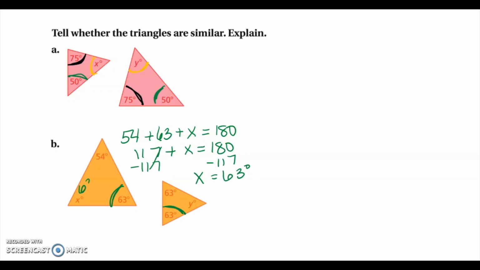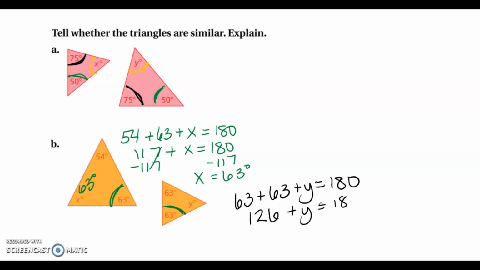So this angle right here is 63 degrees. Now I'm going to do the same thing for y. So I have 63 plus 63 plus y equals 180. So I'm going to add those together, and that gives me 126 plus y equals 180. So I'm going to subtract 126 from both sides, and I get y equals, oops, sorry, my pen cut out there, y equals 54 degrees.